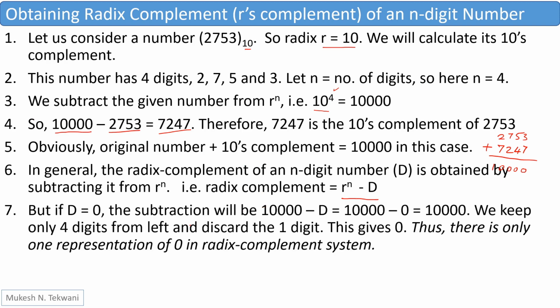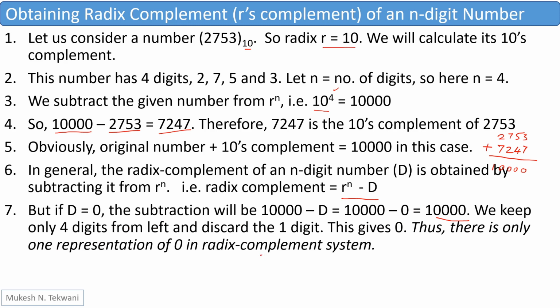But if d is equal to 0, then the subtraction becomes 10,000 minus 0, which is 10,000, and we keep only 4 digits, discarding the one on the extreme left. This will give us 0, and therefore there is only one representation of 0 in the radix complement system.